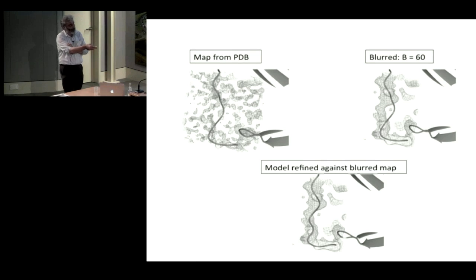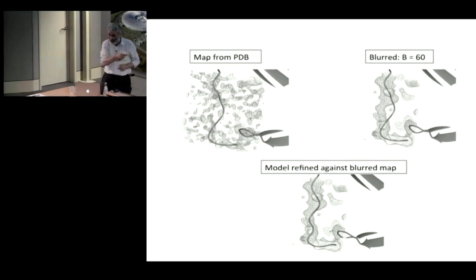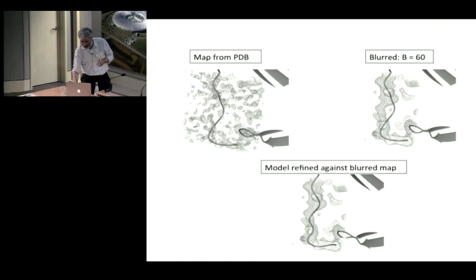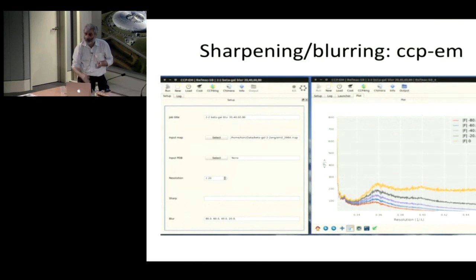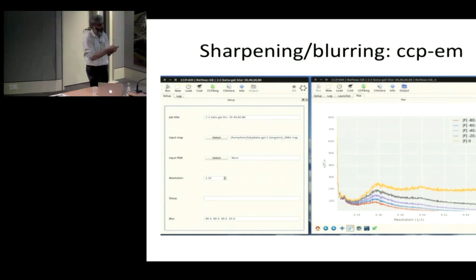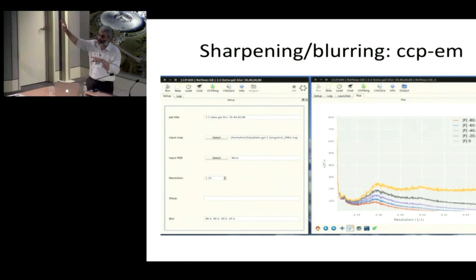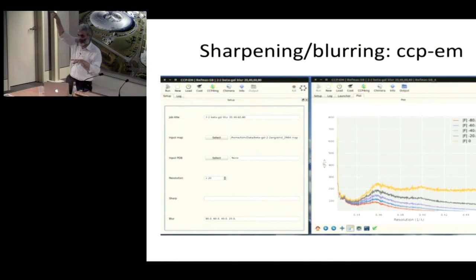By looking at these maps and a few other things, we came to the conclusion that, in principle, when you do model building, you have to use multiple maps sharpened at different levels. Because in some places you may need larger, more severe sharpening, and in other places you may need blurring.